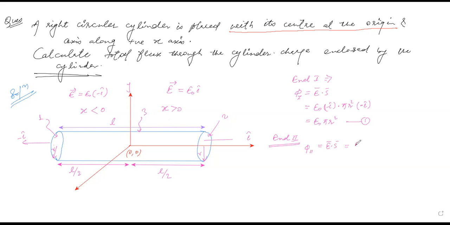E is your E naught I cap, into what is your S? S is your pi r square, and the direction is plus I cap. After solving, you get phi 2 is E naught pi r square. Do you understand it or not?